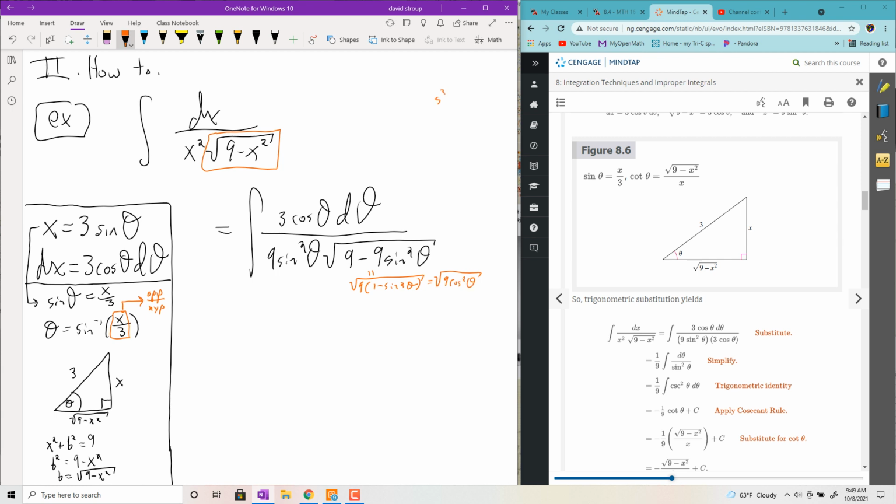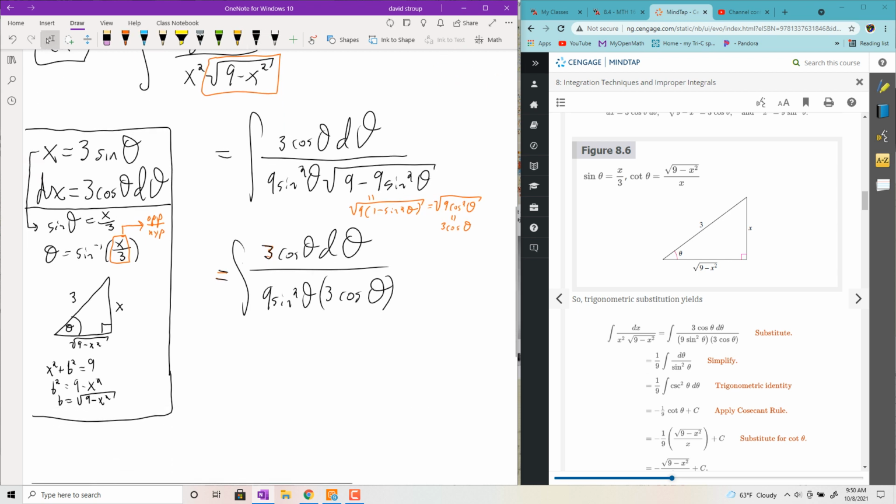So remember, sine squared plus cosine squared is 1. So cosine squared is equal to 1 minus sine squared. Then you could take the square root of that, and you get 3 cosine theta. Okay, so I can replace that denominator now. So here we go. Integral 3 cosine theta d theta all over 9 sine squared theta times 3 cosine theta. And now I'm in line with the book, right? I just did an extra step.